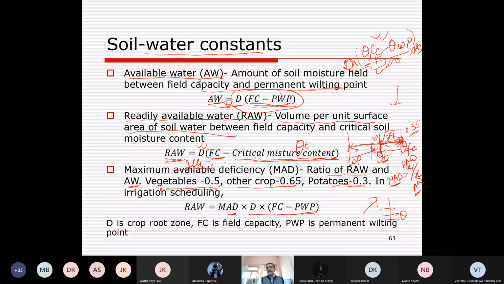From here you can see that it depends, this particular point will be here, or it will go to here, or somewhere here, or maybe here. It depends on the crop and soil condition. So we can plan when to irrigate and how much to irrigate, because it's the difference between field capacity and management allowable deficit, which is basically the threshold or critical soil moisture content.